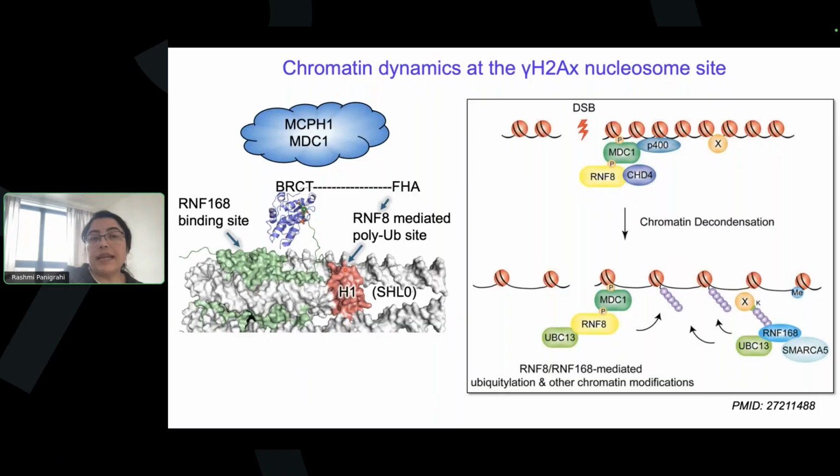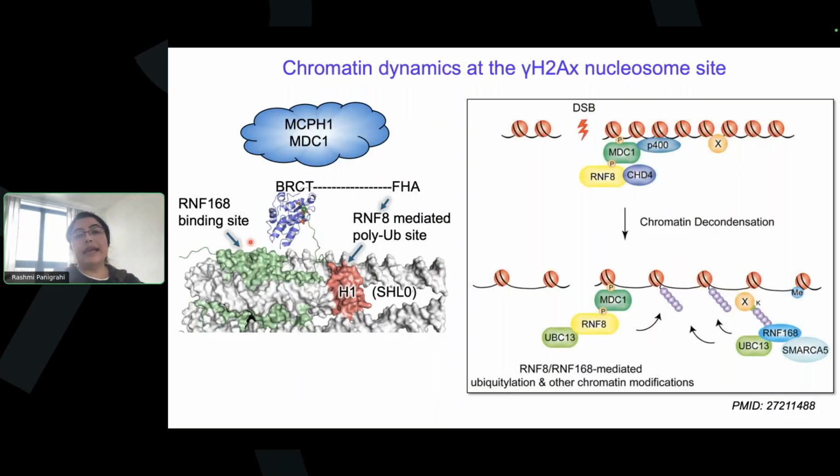Now, the locations of the H1 and the H2AX tail are quite close to each other. So that also suggests that the BRCT cannot actually sit in this region, neither on the nucleosome nor on the DNA. Now, what about the other side? There is a cryo-EM structure that has been solved, where the nucleosome is bound to RNF168, and it shows that it binds to the diagonally opposite face of the disc, which is over here.